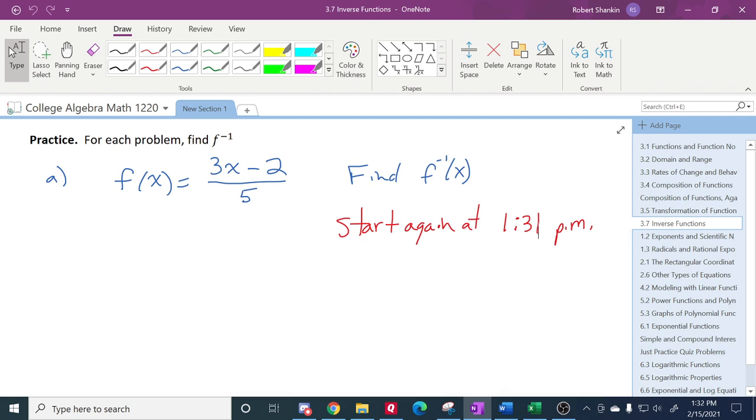So to find f inverse, I'm going to go through the steps. Interchange x and y is the first step. Now solve for y. I'm going to multiply both sides by 5.